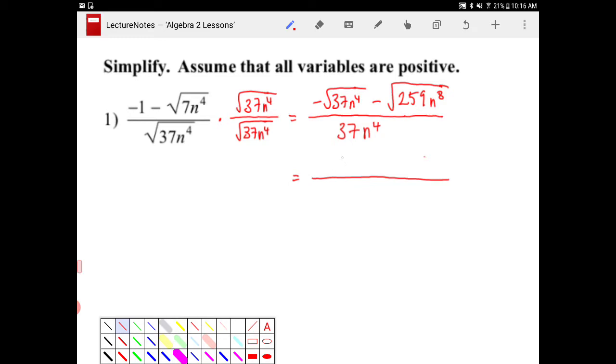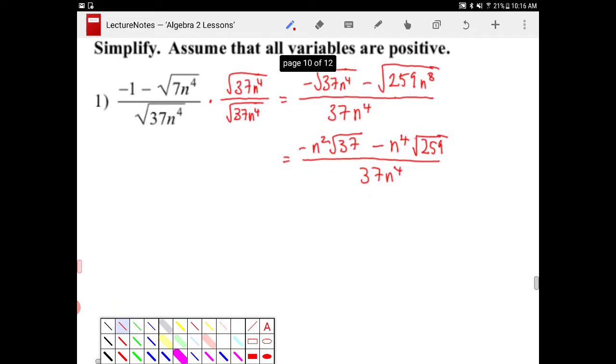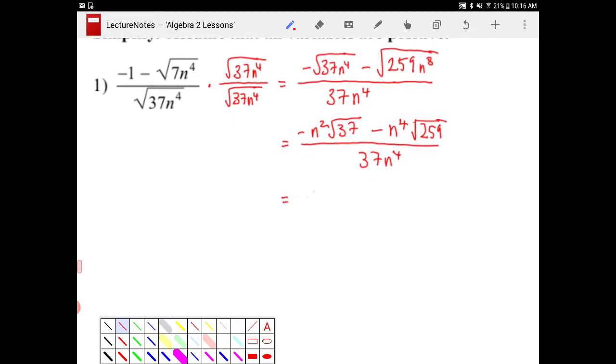So I can pull out an n squared and an n^4. And the denominator is 37n^4, and I notice that there is a common factor of n squared between the numerator and denominator, so all of this becomes negative radical 37 minus n squared radical 259 all over 37n squared. Okay, so for this, the denominator is rational now, so the expression hence is rationalized.